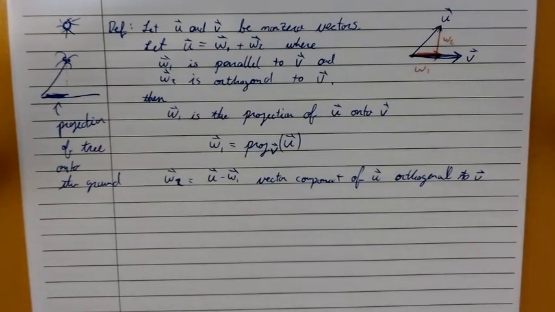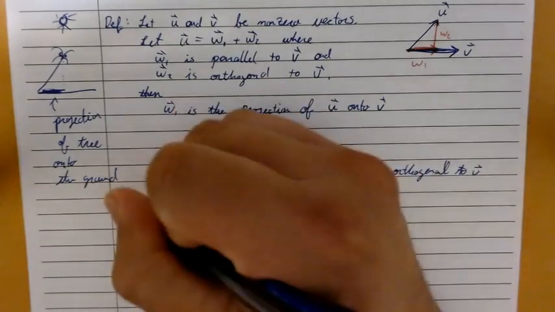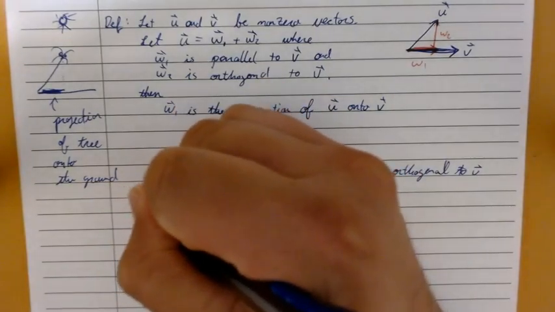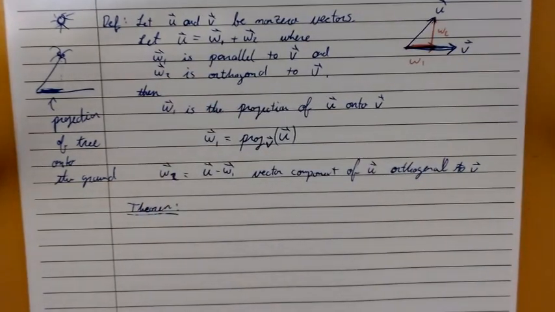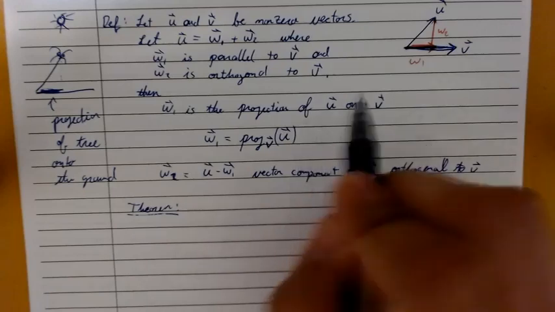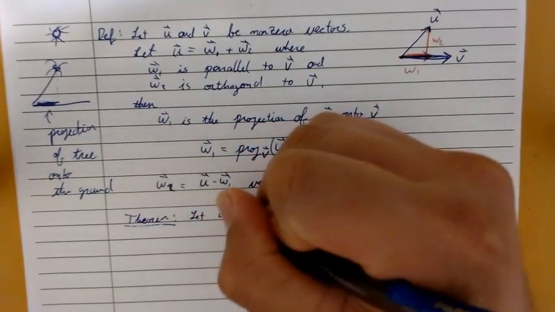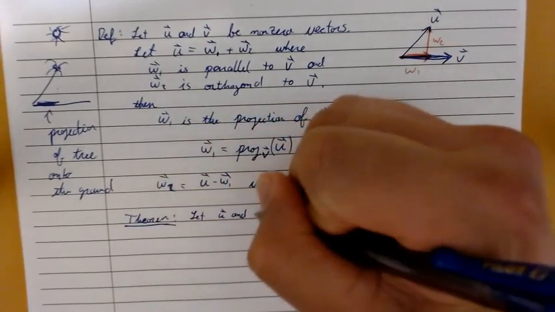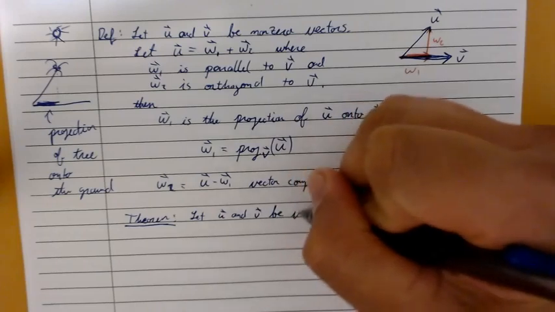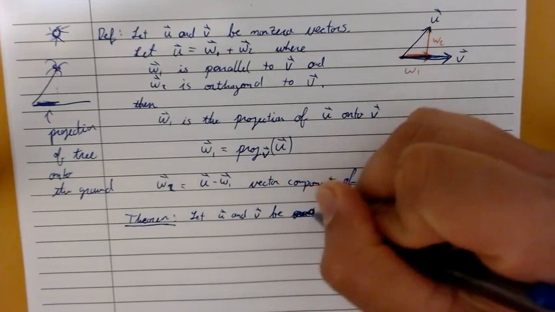Okay, so how do we find one of these projections? That brings us to a theorem. Let's say you have two vectors, non-zero of course, otherwise a lot of this stuff doesn't work. Let u and v be non-zero vectors.